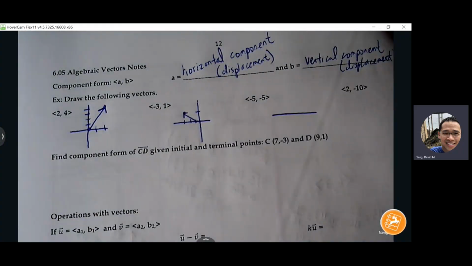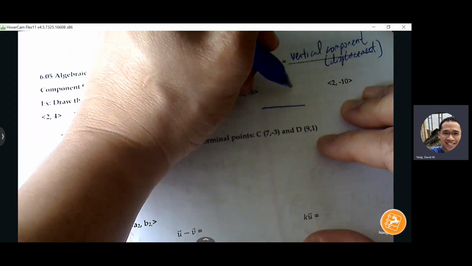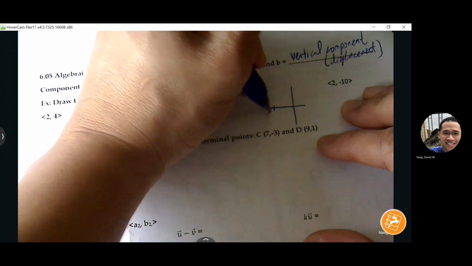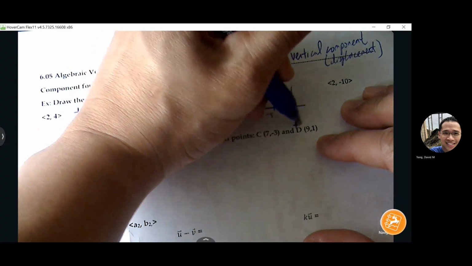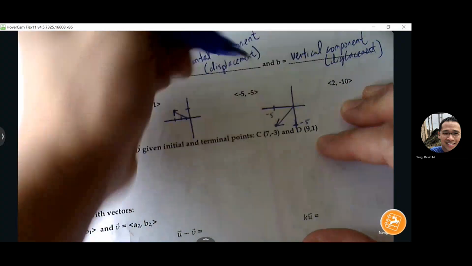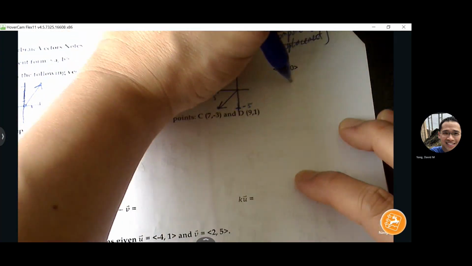So whatever second point you put down, that's where your arrow is headed towards. So left 5, down 5. Know that our vector is going to be pointing in that third quadrant. Over 2, down 10.